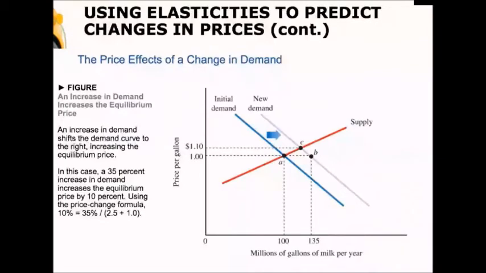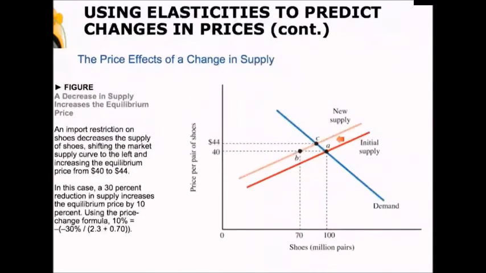In this example, we're assuming that the price elasticity of demand and the price elasticity of supply are 2.5 and 1.0. So when we add these two together and divide 35% by it, we get a 10% increase in the price level. Now what if we have a supply shift?